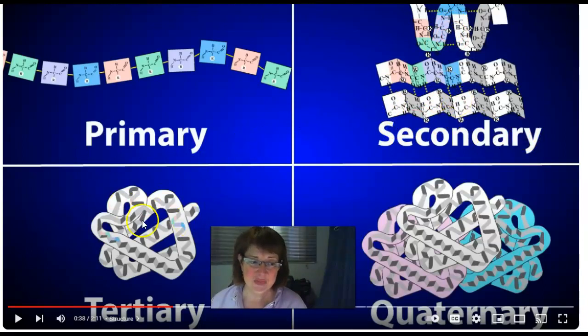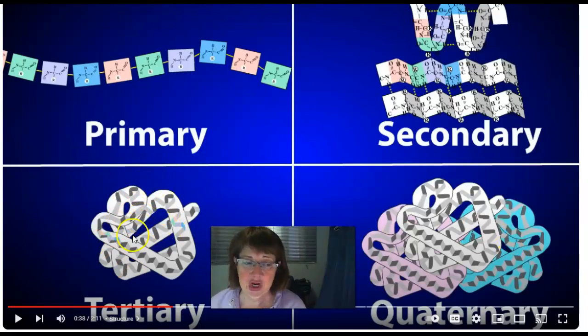Then these will go and form globulins, and this is the tertiary structure. So one more level of structure. And this structure here will be an interaction of ionic bonds, and hydrophobic and hydrophilic interactions, and that will form a tertiary structure.